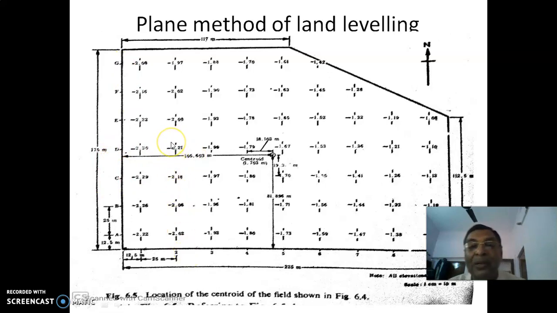This point is D2. Like that, the whole field is divided into a grid form, and these are the elevations you have taken. Let us see the procedure.